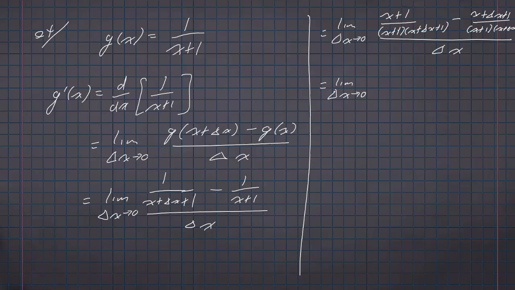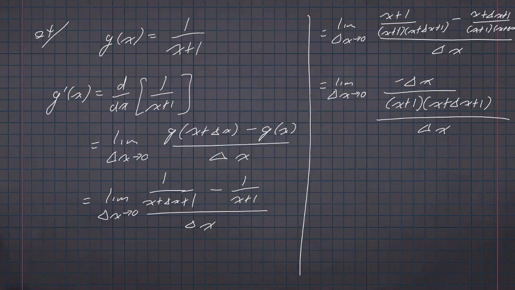That leaves minus delta x over x plus 1 times x plus delta x plus 1 all over delta x. And now this delta x will cancel out with that delta x. So we end up with the limit as delta x goes to 0 of -1 over x plus 1 times x plus delta x plus 1.